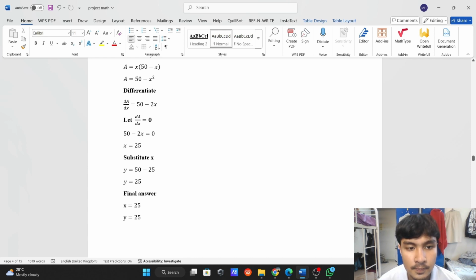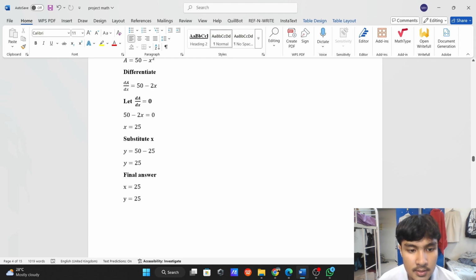We let the differentiation of area equal 0. We got the value of x equals 25. Next, we substitute the x value into the equation for y. We got y equals 25. So the final answer is x equals 25 and y equals 25.